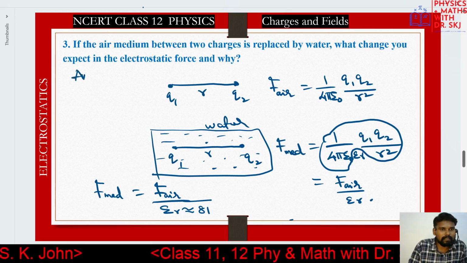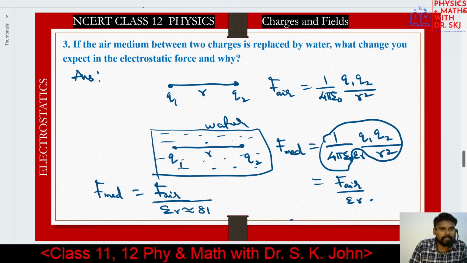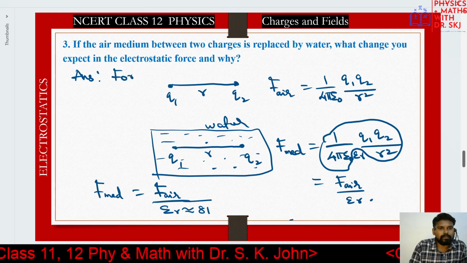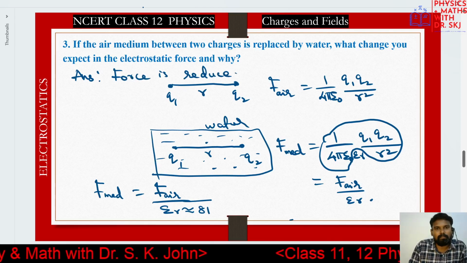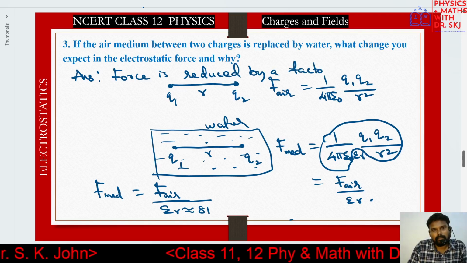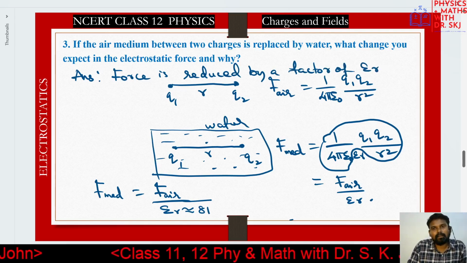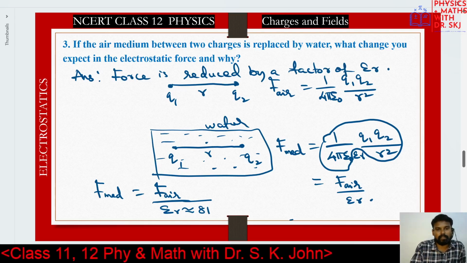So you can write the answer. This is the explanation, but the answer is force is reduced. Force is reduced by a factor of epsilon r. Or if epsilon r is given, you can write that value, 81.